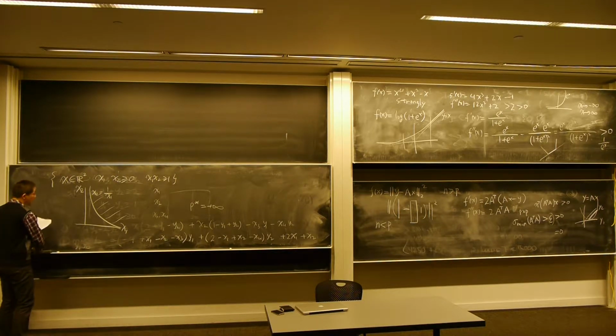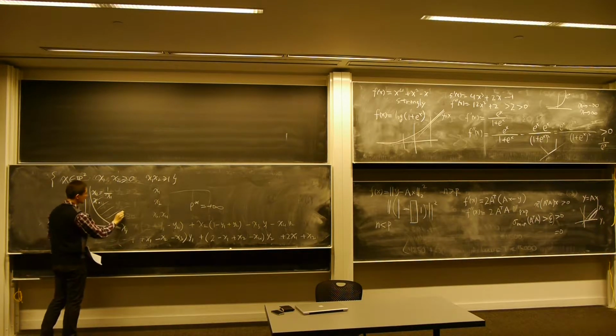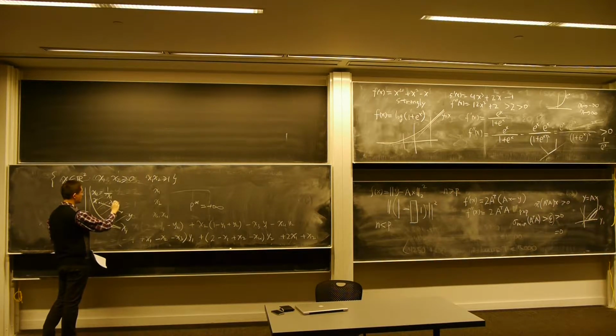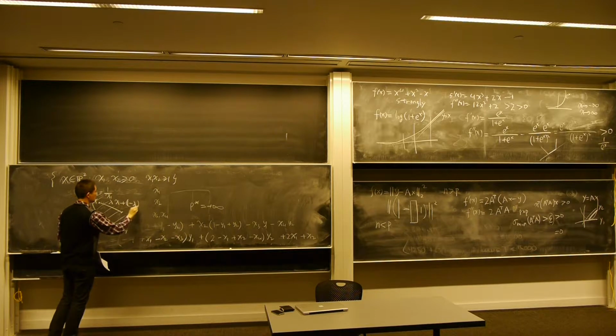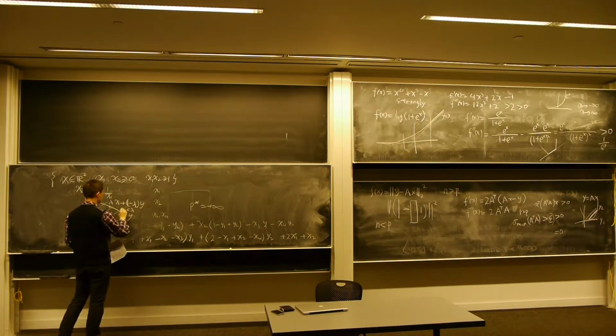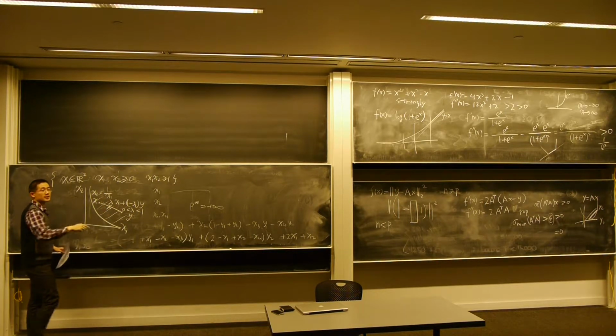Alternatively, you can do algebra. Basically, if this is some point x and this is some point y in the set, you want to show that any linear combination, lambda x plus 1 minus lambda y, for lambda greater than 0 and smaller than 1, is also in the set.